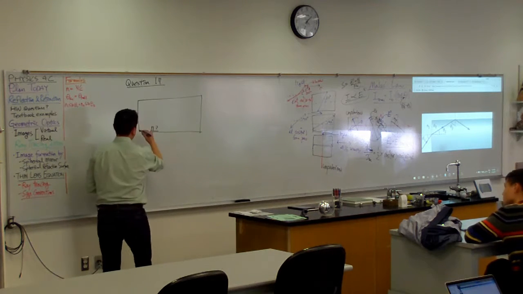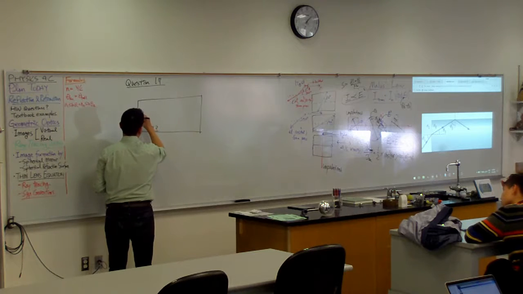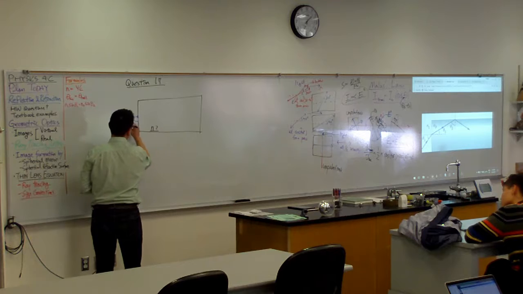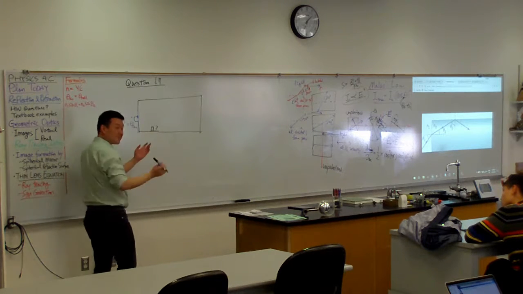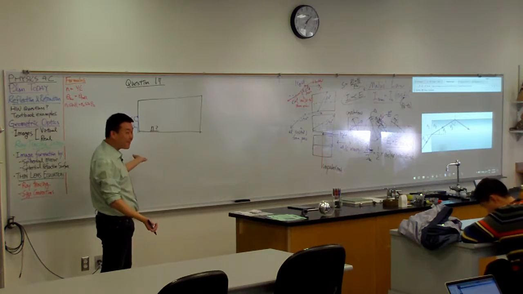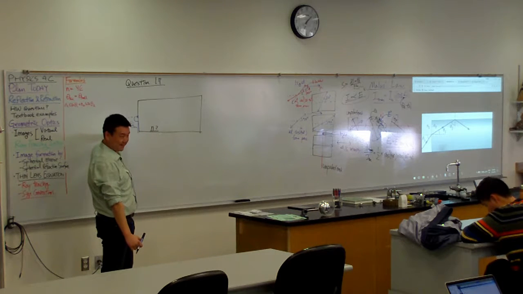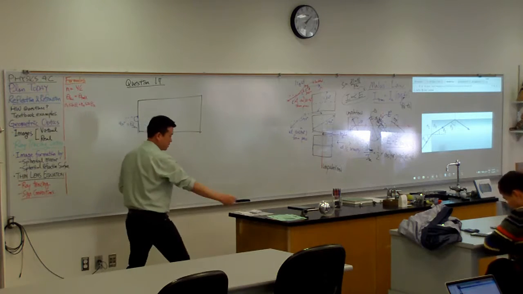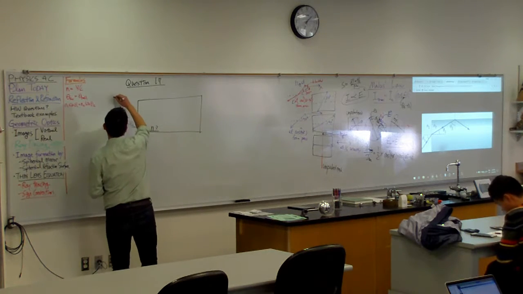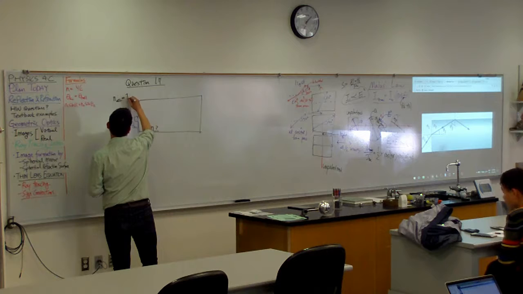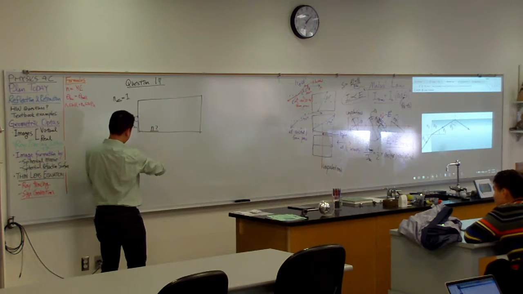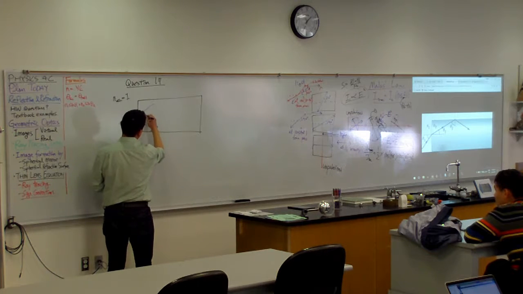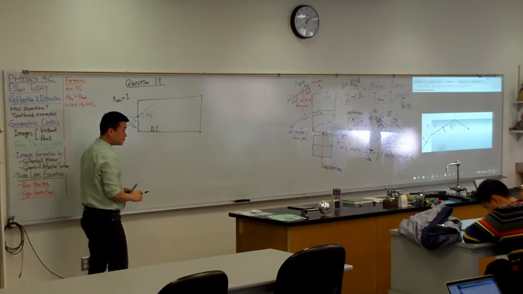So I decide we are going to look at grazing incidence, or essentially where the angle of incidence is more or less 90 degrees. I mean, it's not exactly 90 degrees, or it won't be incident at all, but it's practically 90 degrees, okay? Because the index of refraction is different, this is in air, and air is 1. So after going through here, it'll refract at some angle that I need to figure out. Let me call that theta 2.